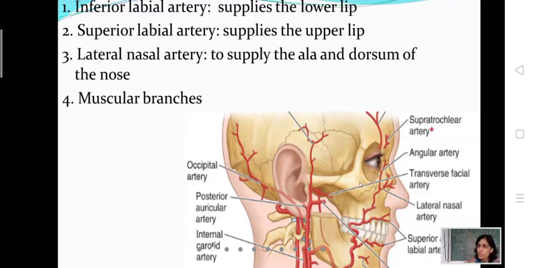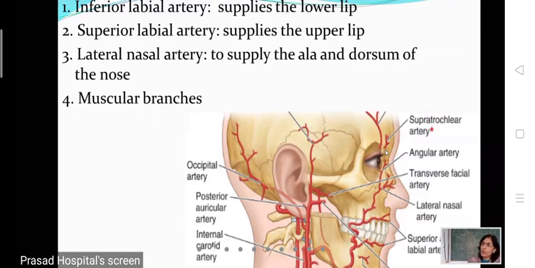Then second anastomosis is that you have seen that this facial artery ends at the medial angle of eye by anastomosing with the dorsal nasal branch of ophthalmic artery. Now you know that facial artery is the branch of external carotid artery, whereas the ophthalmic artery with which it is anastomosing is the branch of internal carotid artery.